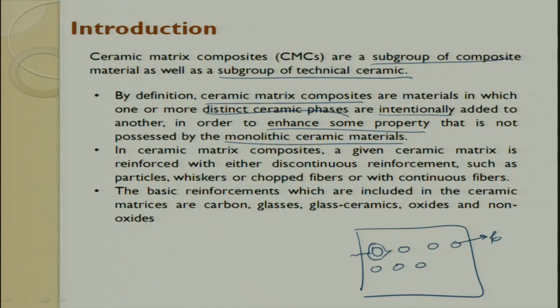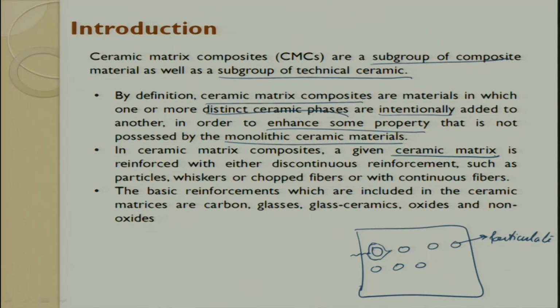So, this is the particulate or particle, whatever it is. What I have done is intentionally added these particulates such that I can enhance the toughness property. That is what we are talking about here. In a ceramic matrix composite, a given ceramic matrix is reinforced either with a discontinuous reinforcement or with a continuous reinforcement.